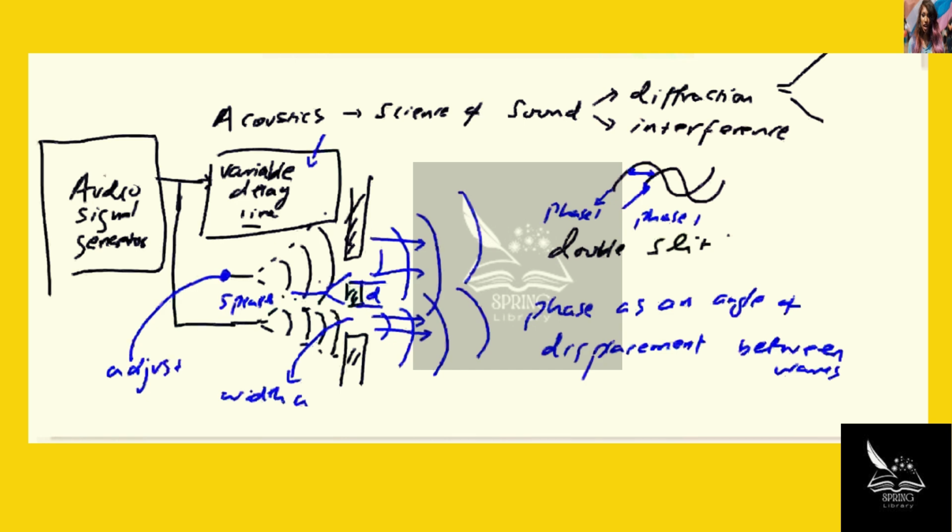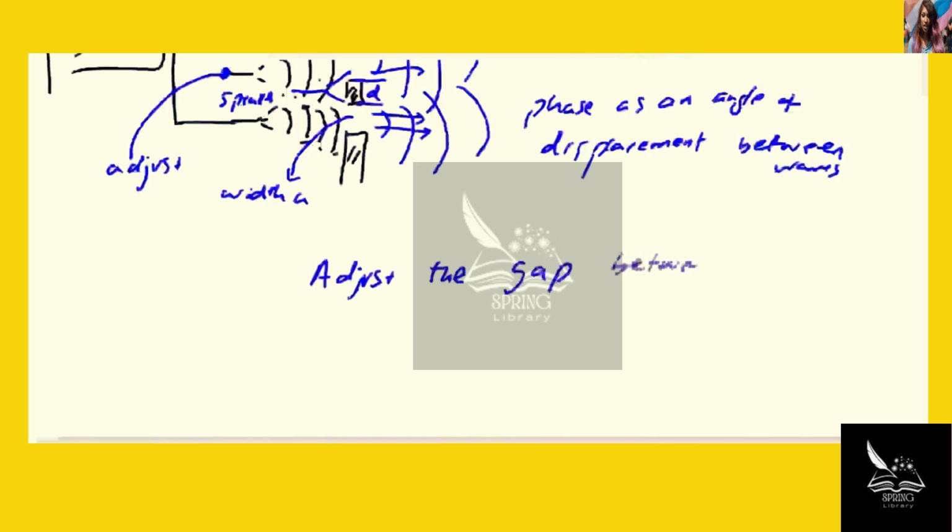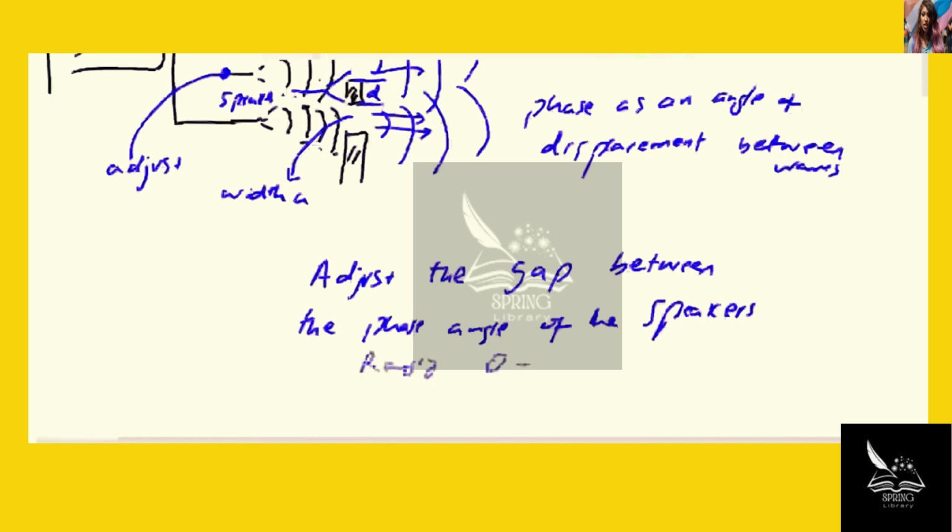So what we're looking at, this is our question, is if you adjust the gap between the phase angle of the speakers ranging from 0 to 2 pi.